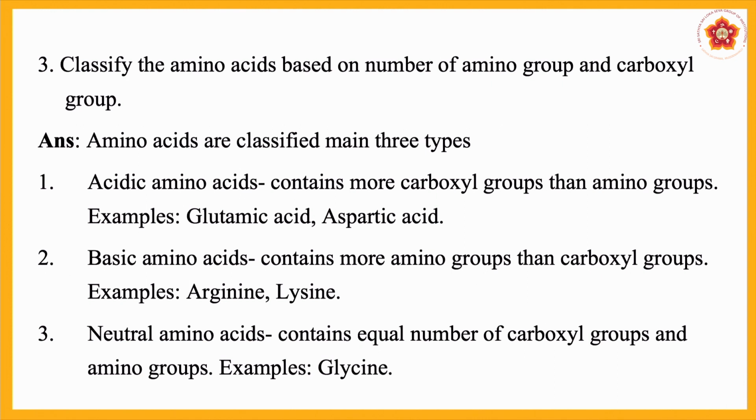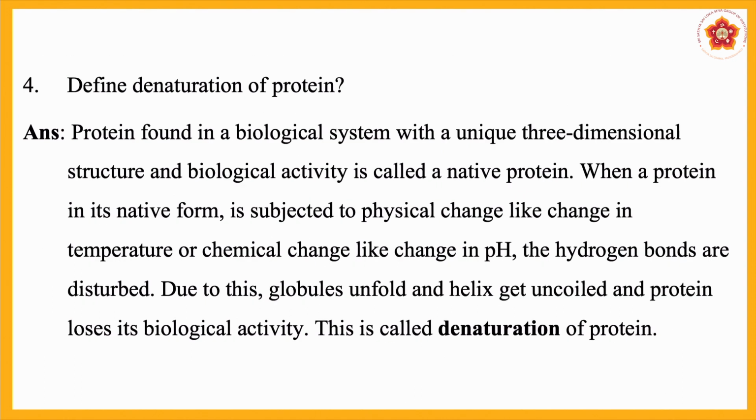Basic amino acids contain more amino groups than carboxyl groups. Examples: arginine, lysine. Neutral amino acids contain an equal number of carboxyl groups and amino groups. Example: glycine.